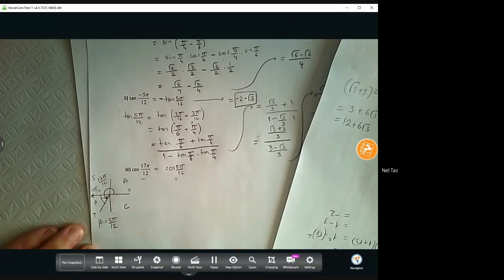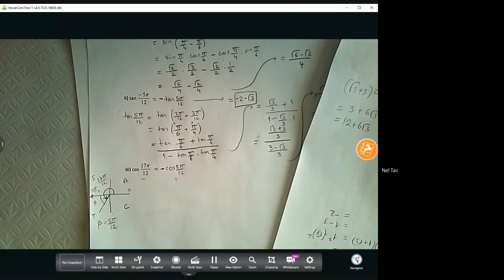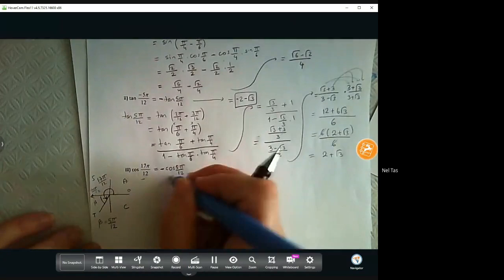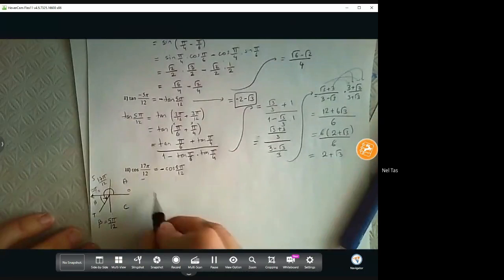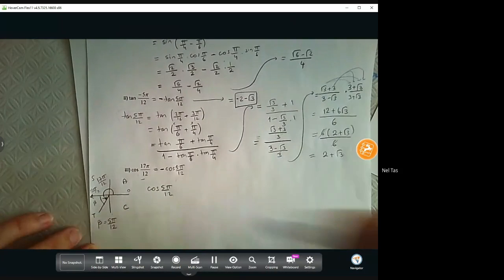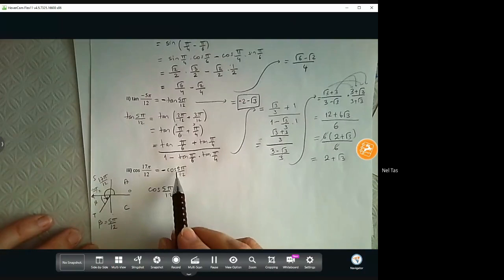So to make that equal, we put a negative sign. Again, we are going to find cosine 5 pi over 12. Then at the end, we're going to multiply it by negative.